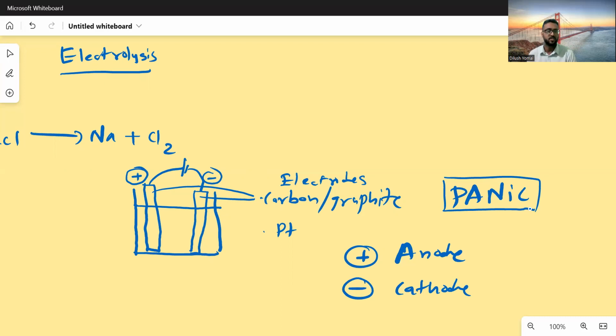We said the electrodes can be carbon, graphite, or platinum. The thing you are going to electrolyze, the thing in the beaker here, we call the electrolyte. This electrolyte has to be an electrical conductor, my dear, otherwise you can't do electrolysis here.